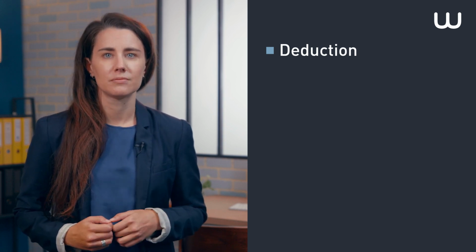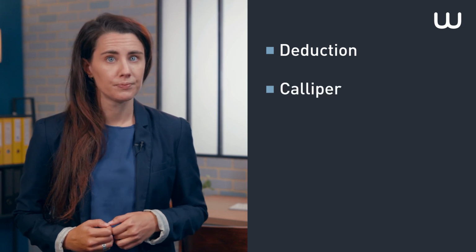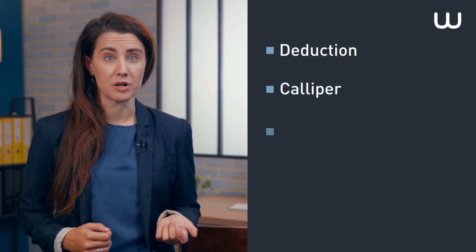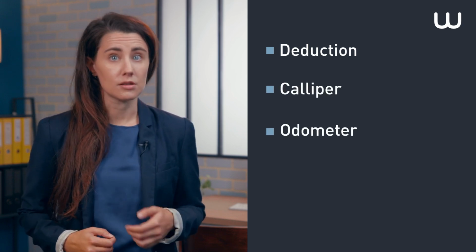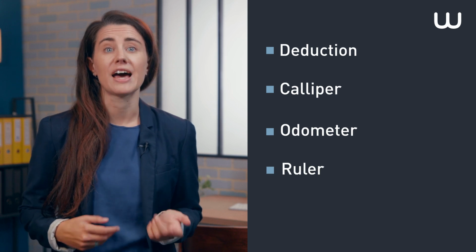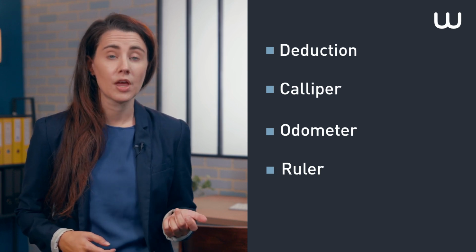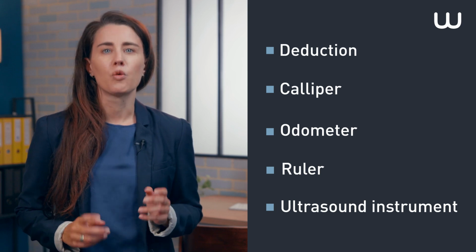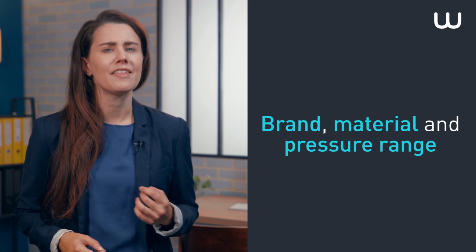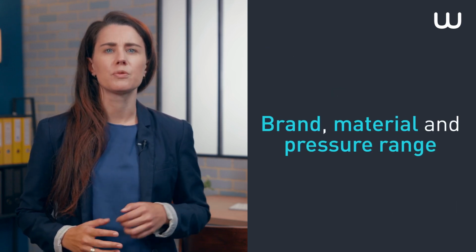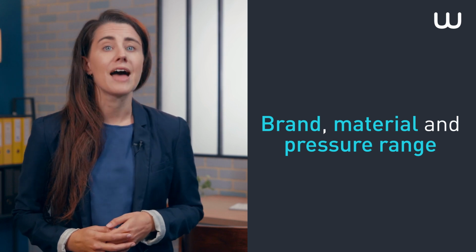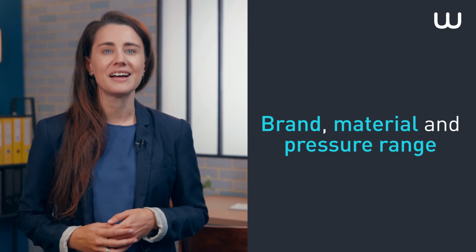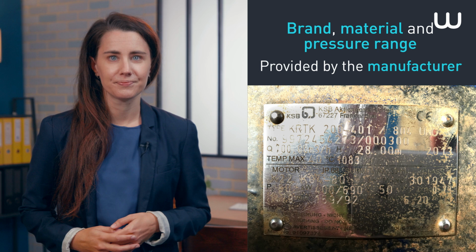For the diameter, it suffices to use a caliper. For length, an odometer. For thickness, a ruler, if it's possible to access a section of the pipeline. Otherwise, an ultrasound instrument. The brand, the material, and the pressure range are generally provided by the manufacturer and may also be listed on pipeline identification plates.